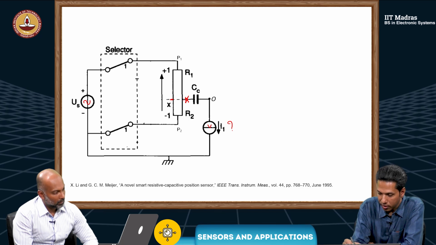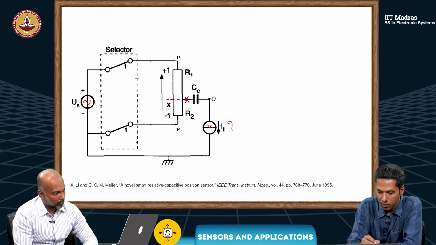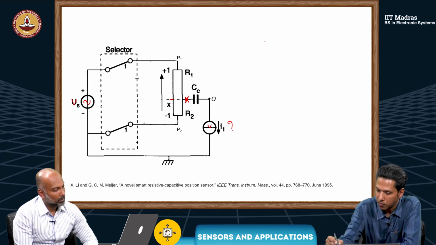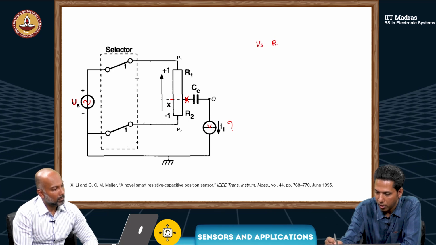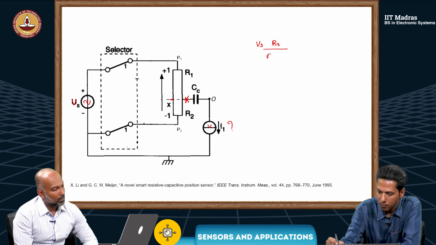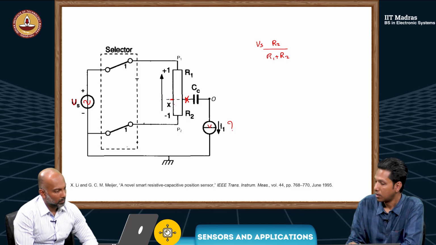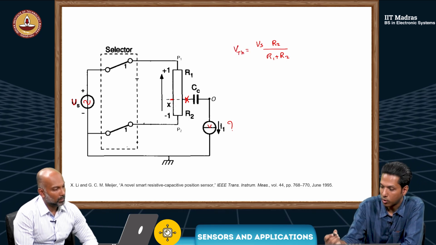That will be the voltage across R2. So I will use the same Vs into R2 by R1 plus R2. That will be VTH, the Thevenin equivalent voltage.